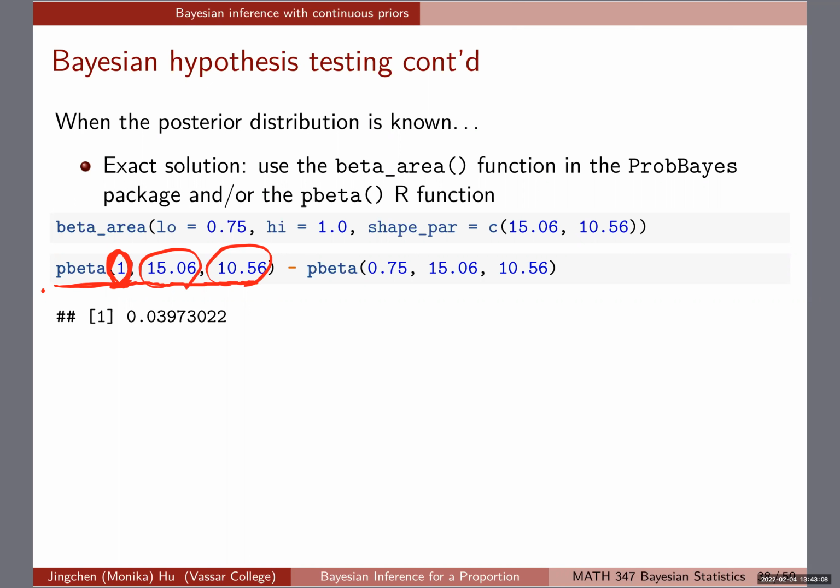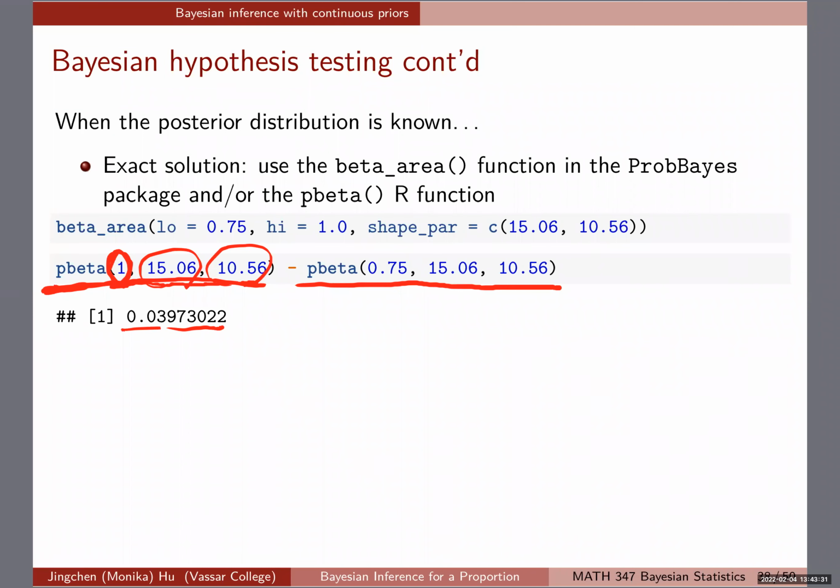So if I do that for 1, that's the last point that I have, and I subtract that at 75%, that will also give me the area under the curve between 0.75 and 1. So if you don't use the beta area function, you can use this pbeta basic R function, and that should give you the same result, or very close.